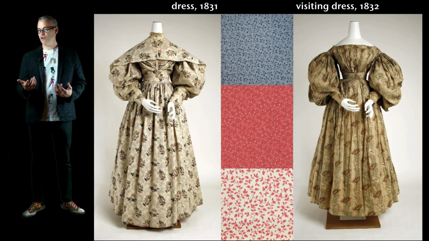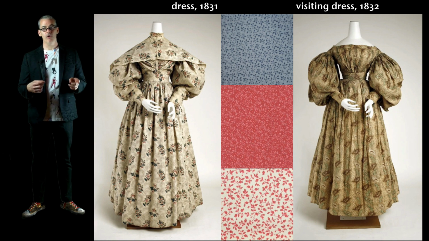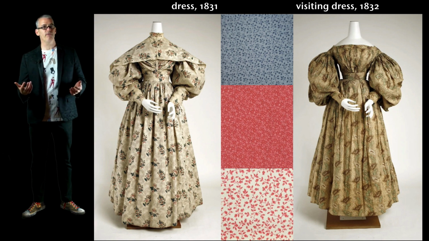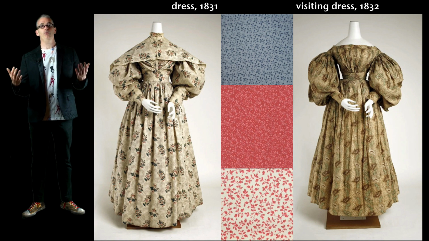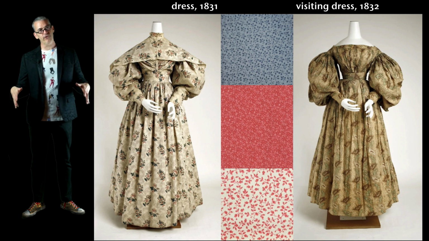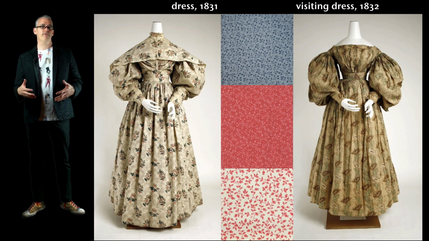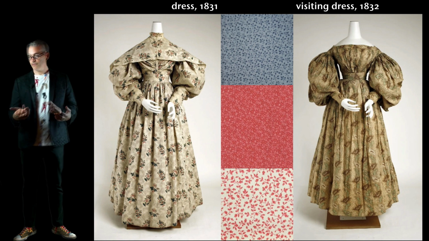How do you define your status in the world? If you can't define who you are through the quality of your fabric anymore, you can define who you are through the volume of fabric you use. So part of the reason that clothing became more voluminous in the 1830s, 40s, and 50s, big sleeves, big collars, big skirts, was a way to consume more fabric and maintain your status in a way that signified visually.